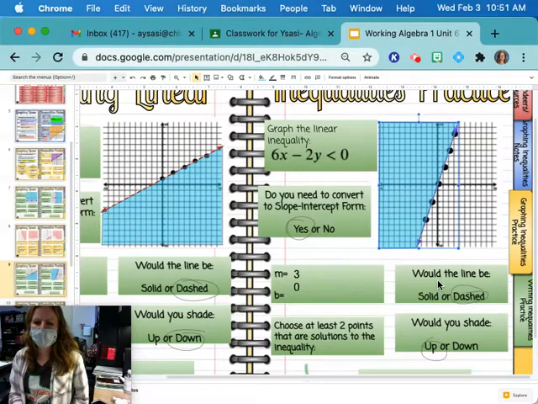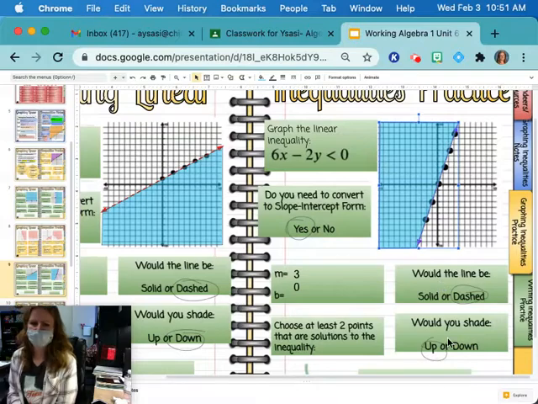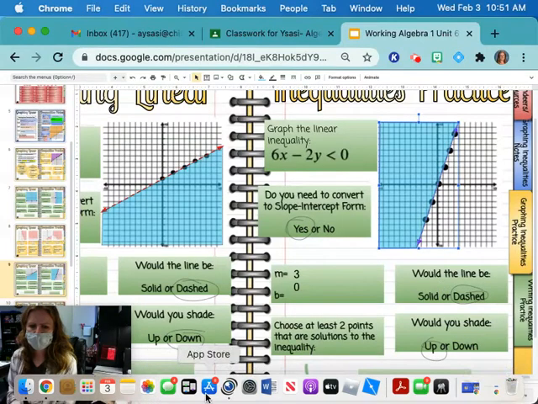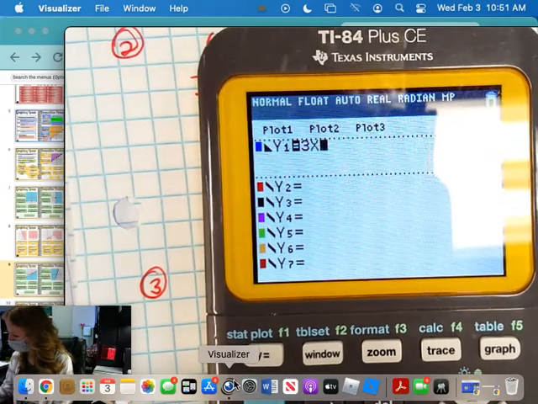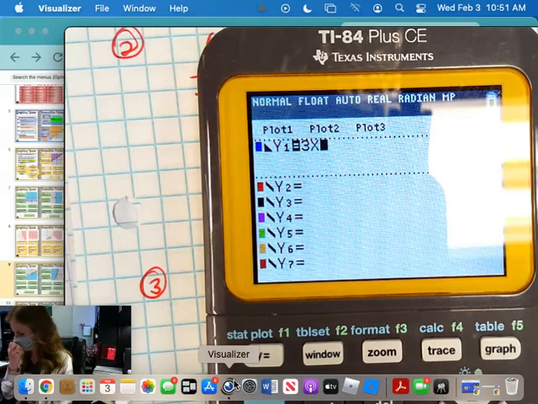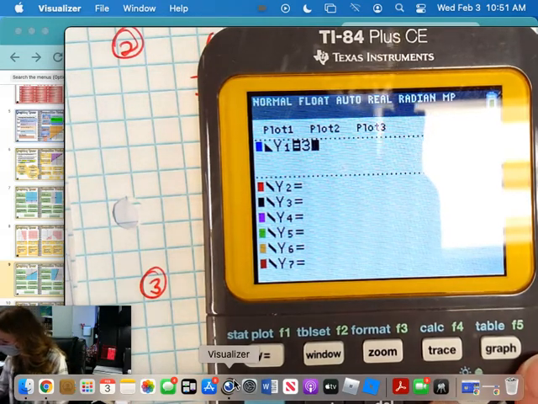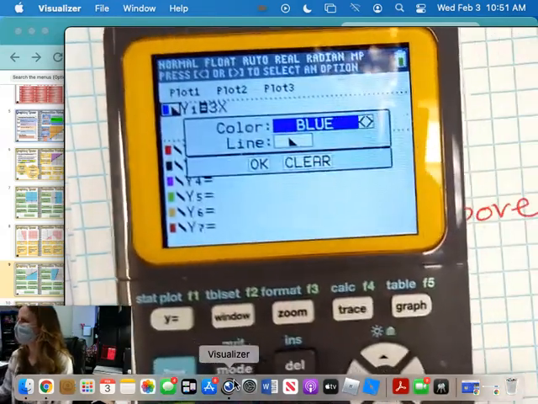Okay, we will go ahead and put this in the calculator so you can look at it. So clear out the equation that's in there. This would be 3x. And then we need to go over here, push enter to change that.